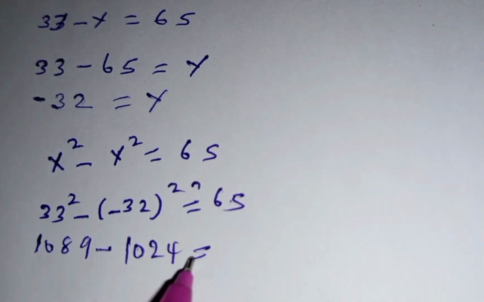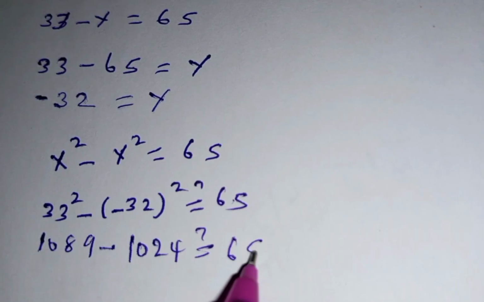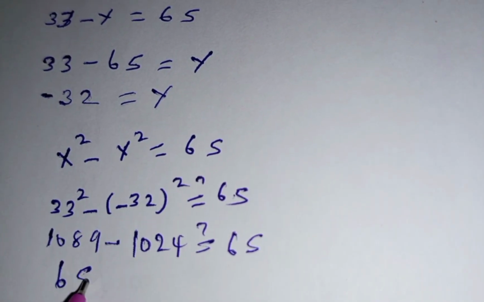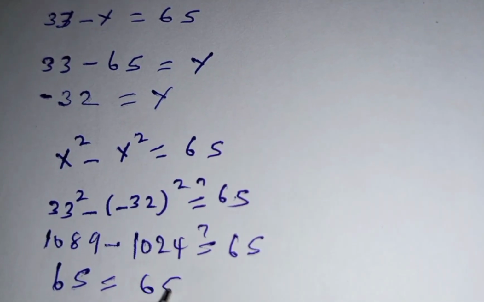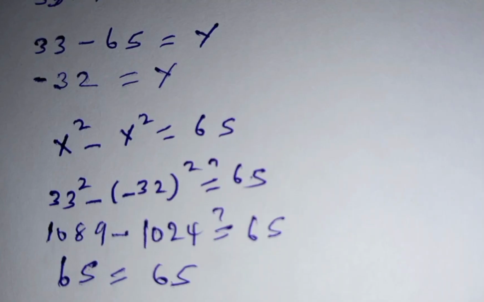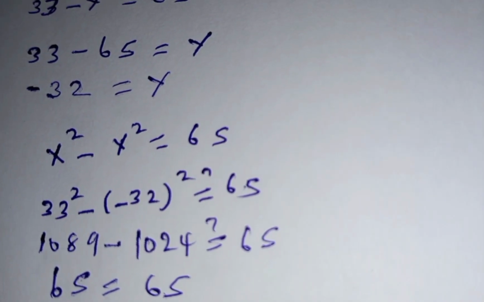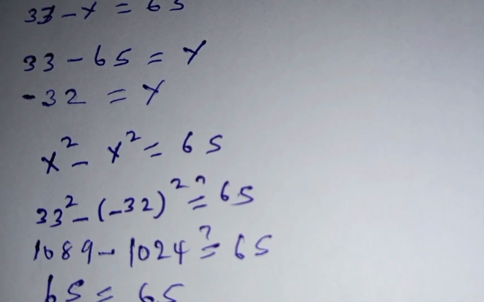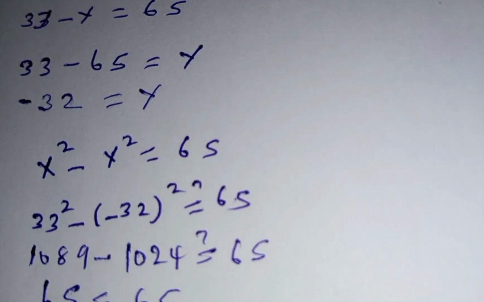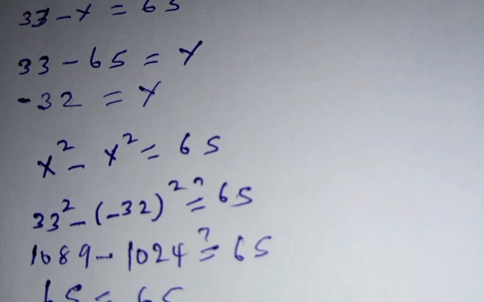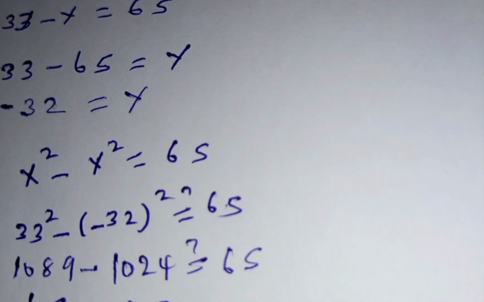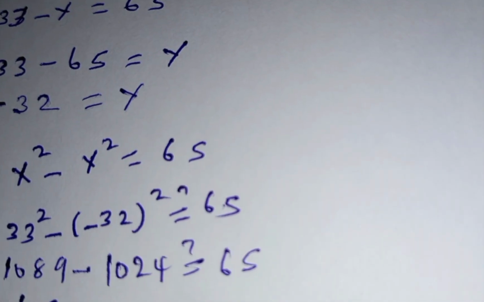Is it equal to 65? If you subtract this, the result will be 65 being equal to 65. So since the left hand side is equal to the right hand side, it follows that the value of x is equal to 33 when the value of y is equal to negative 32 or 32, because when you square a negative number, it becomes positive.